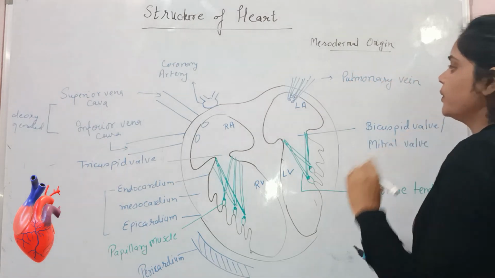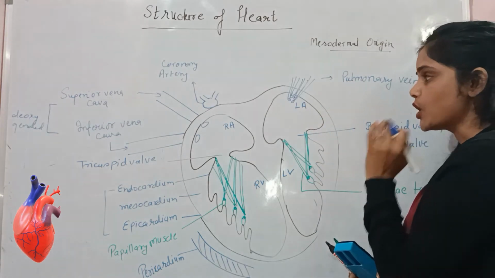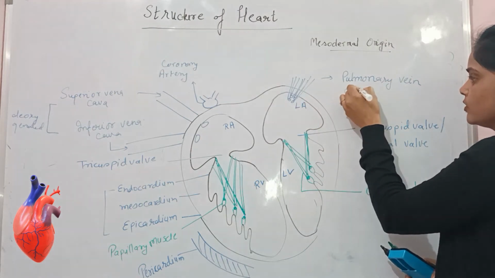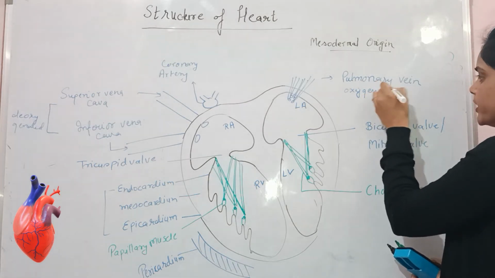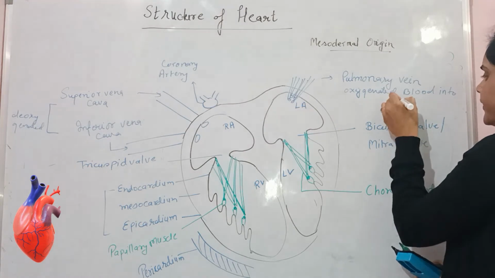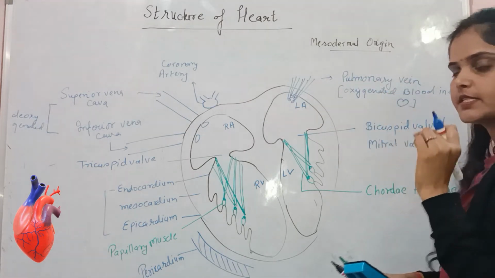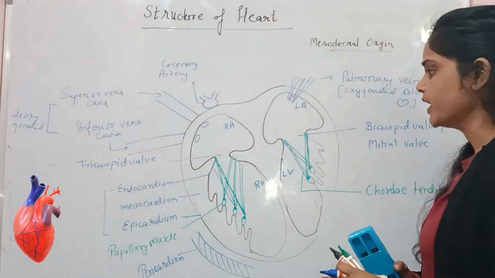What are these? Pulmonary veins, which are taking what? Oxygenated blood into the heart. Okay, from where? From the lungs.